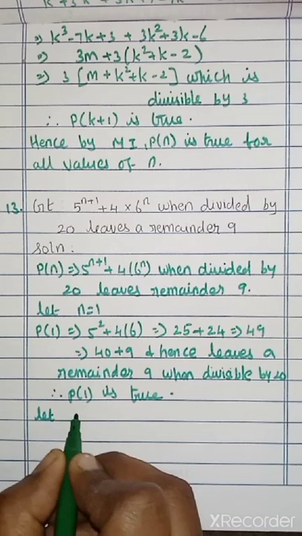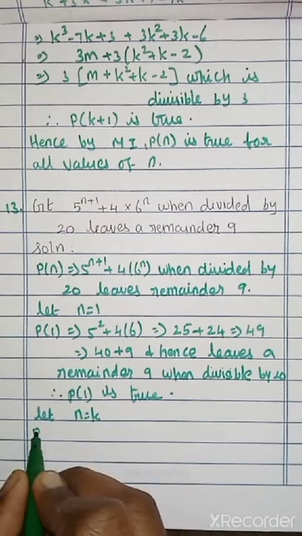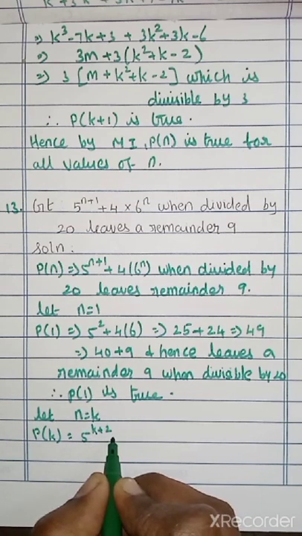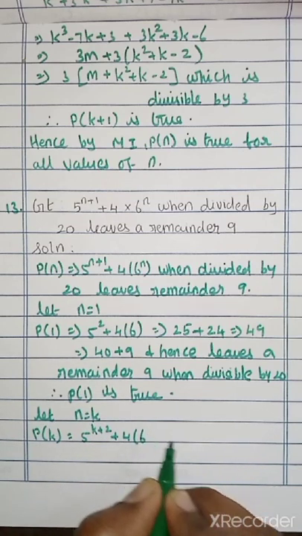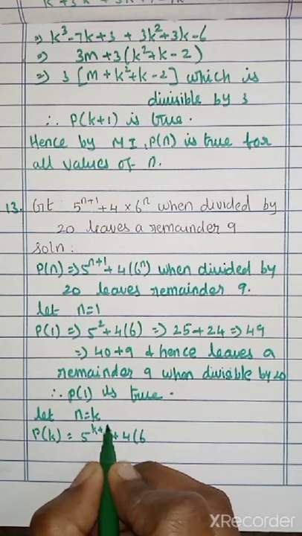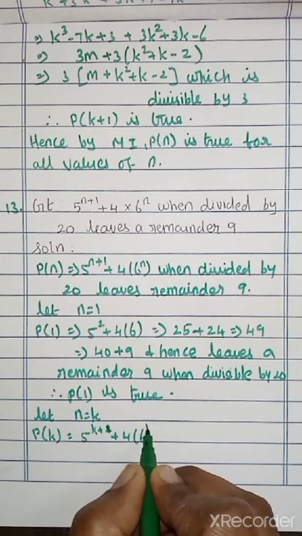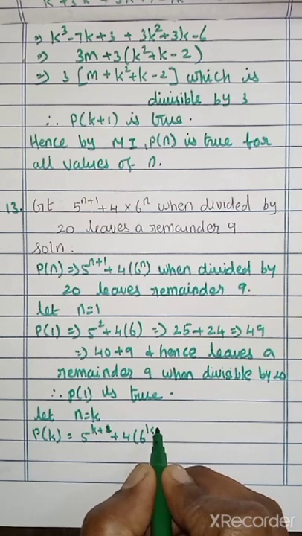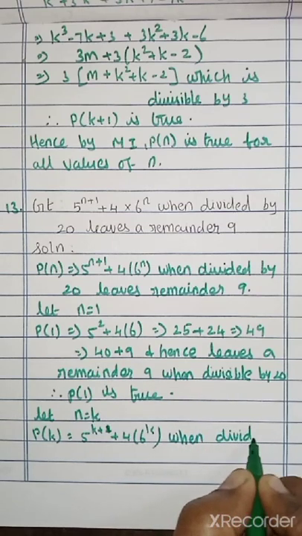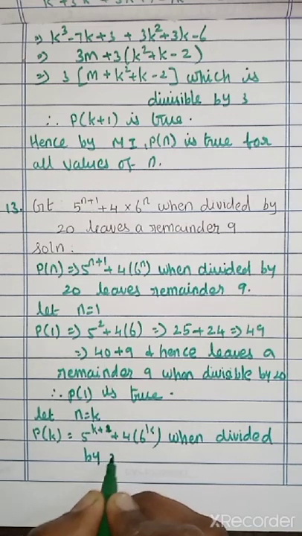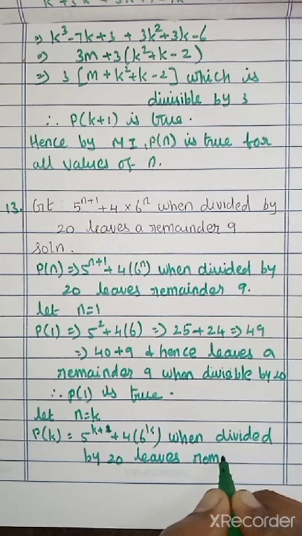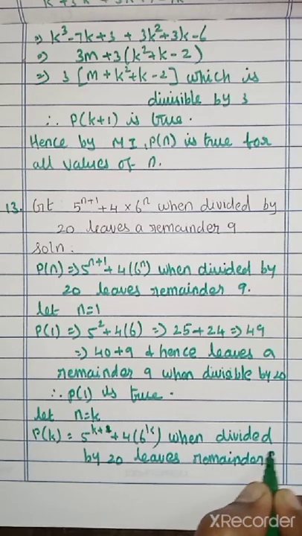Next, let n equal k. So P of k implies 5 power k plus 1 plus 4 into 6 power k. Sorry, this is k plus 1 now. Okay, 5 power k plus 1 plus 4 into 6 power k, when divided by 20, leaves remainder 9.